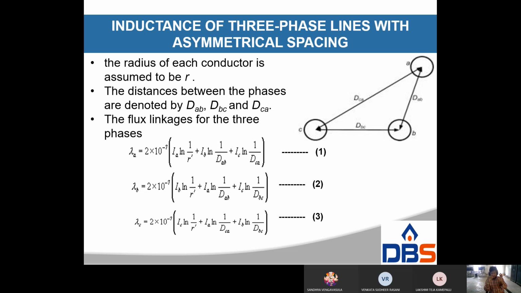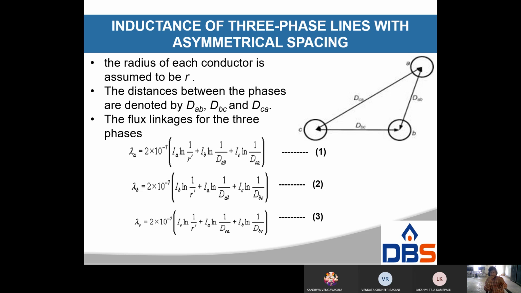So whenever asymmetrical spacing is considered, the voltage drops are not the same because the inductances are not the same. Suppose we want the inductances or voltage drops to be the same: transpose the conductors, interchange the conductors.